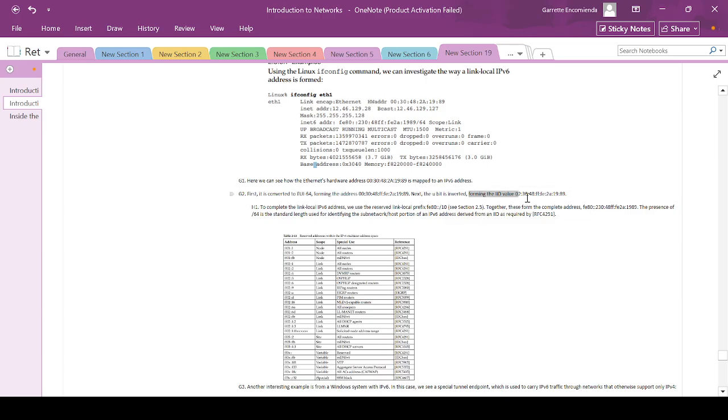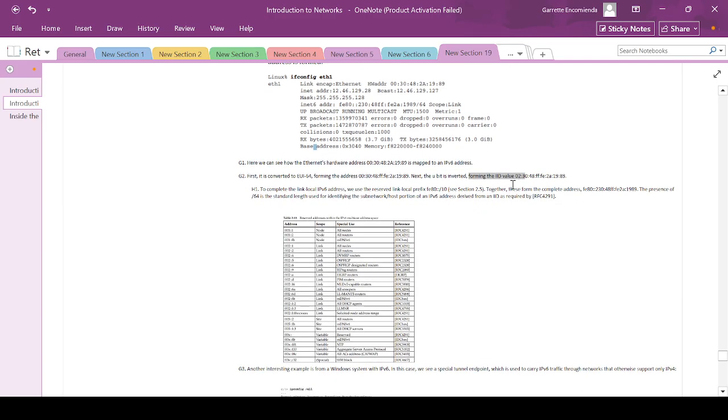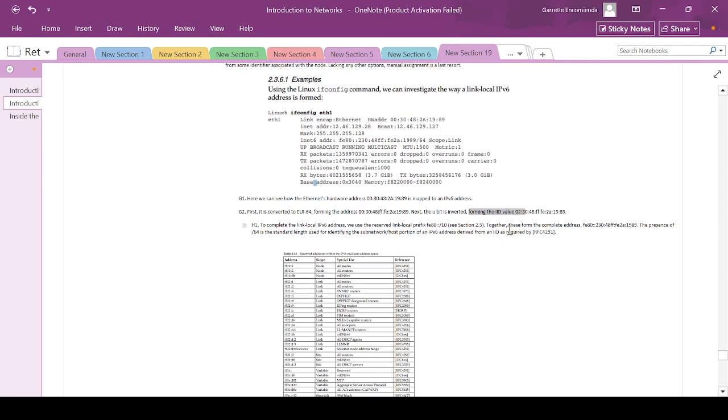Next, the U bit is inverted, forming the value 023048 FFFE 2A1989.